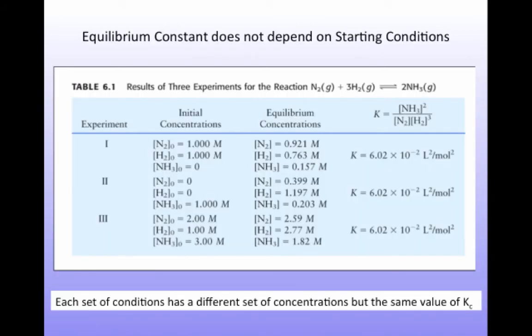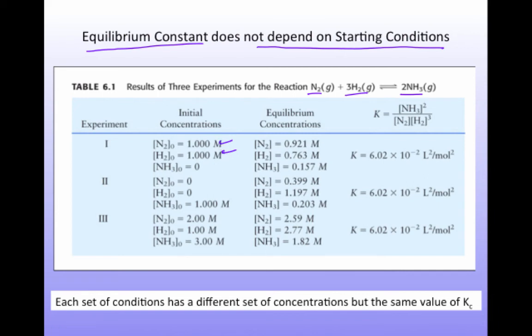Very, very, very important idea. The equilibrium constant does not depend on the starting conditions. So here are the results of three experiments for my reaction from earlier. 1 mole nitrogen, 3 moles hydrogen makes 2 moles of ammonia. And I start out with different conditions. Here I start out with a mole of nitrogen and a mole of hydrogen.